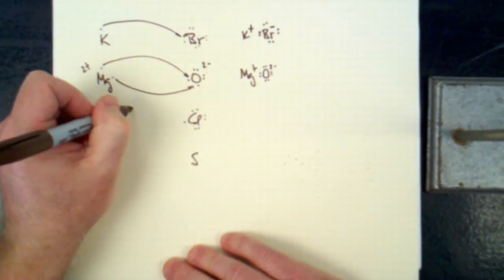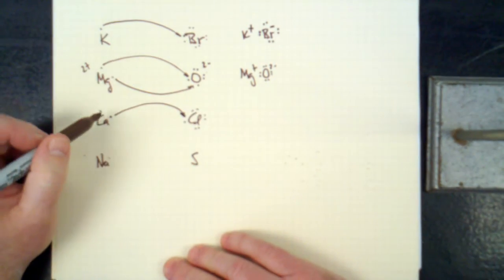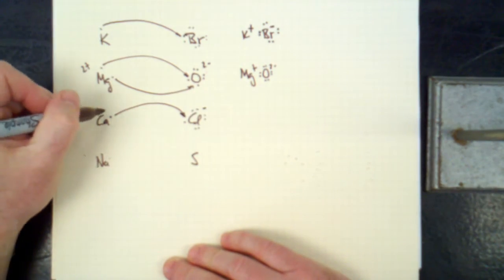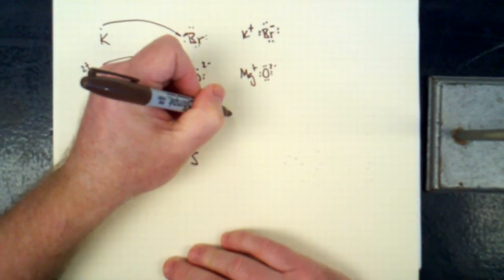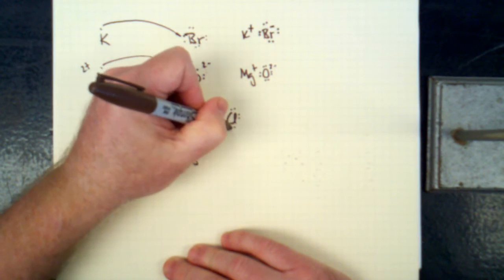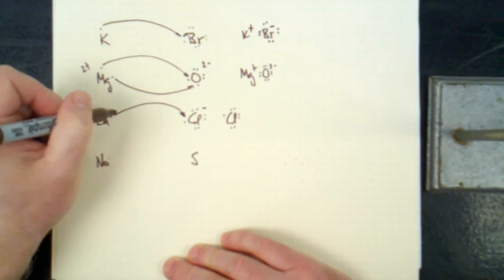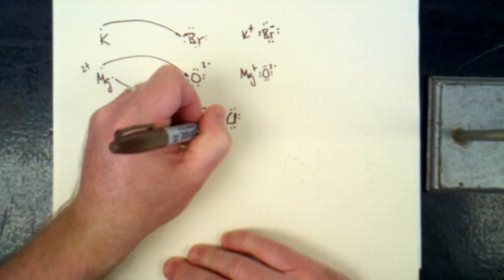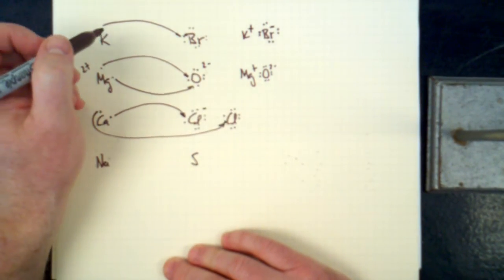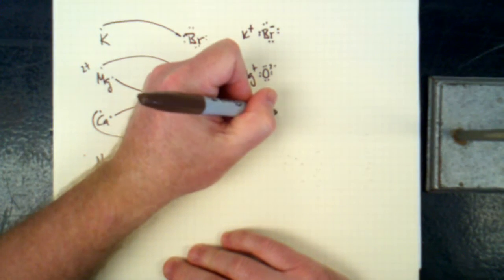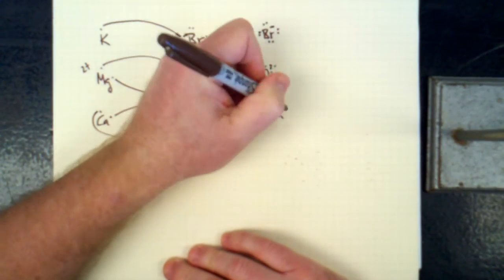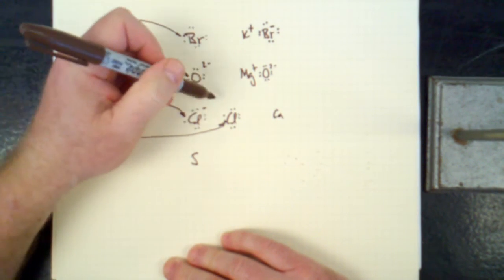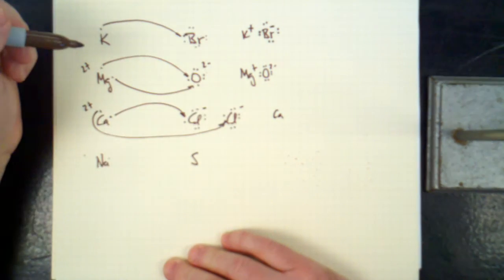So chlorine steals one of these to fill its shell, so it becomes a minus. But there's still an electron here hanging out that's available for another chlorine to take. So this one goes over here and fills in this spot. So now what we have is calcium. It's lost 2 electrons, so it becomes double positive. And we've got 2 minuses.